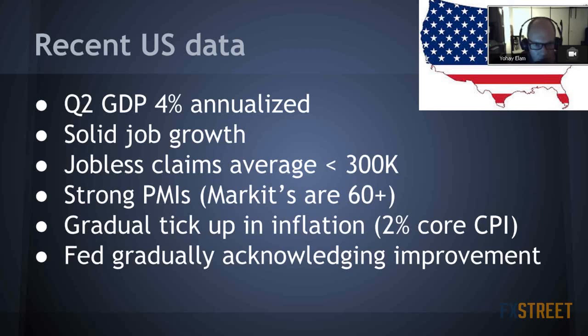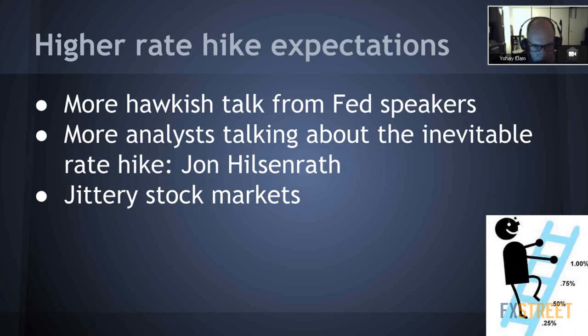So this all leads to high rate hike expectations. We have more hawkish talk from Fed speakers, not from Yellen herself, but from others, and more analysts, Fed watchers, such as John Hilsenrath in the Wall Street Journal or Steve Beckner from MNI, beginning to talk more and more about the inevitable rate hike.